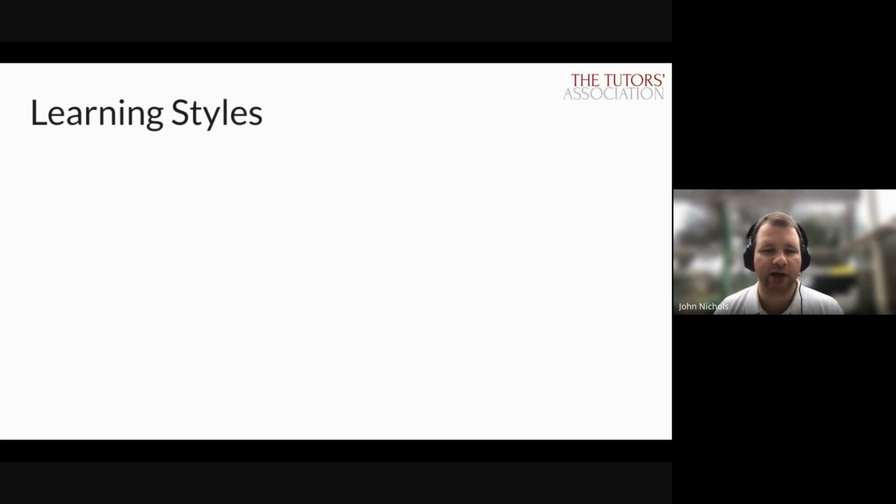Learning styles are very commonly taught on a variety of education training programs. Usually we're referring to VAK learning styles, which stands for visual, auditory, and kinesthetic. Now, the principle behind learning styles is that all students or all people learn better in one of these three modes.